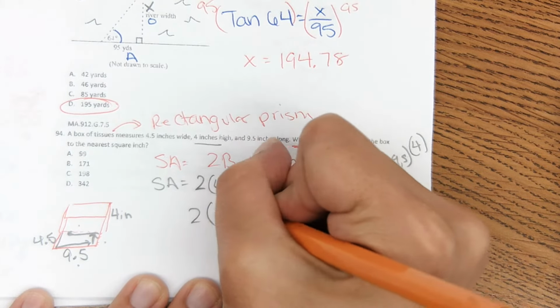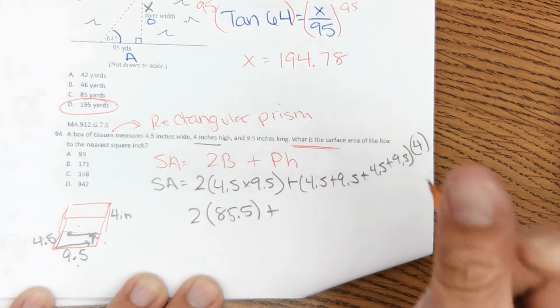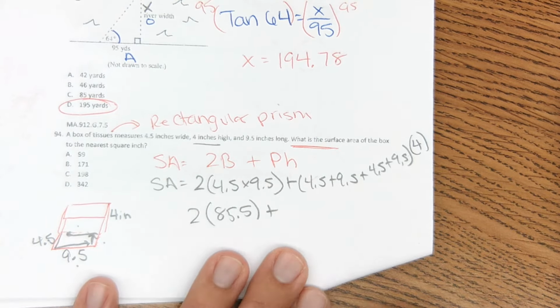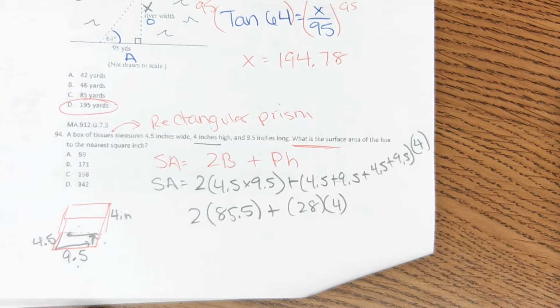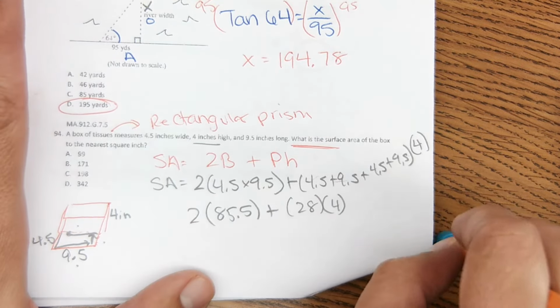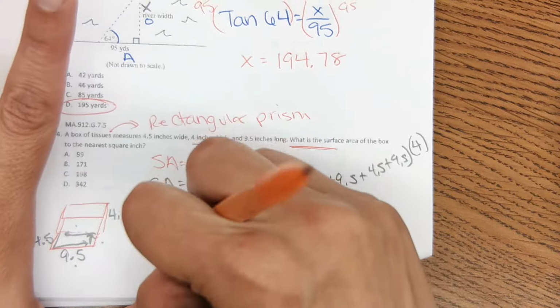I get 85.5 plus, all this added up equals 28 times 4. Oh, I lied. This is all 85.5.